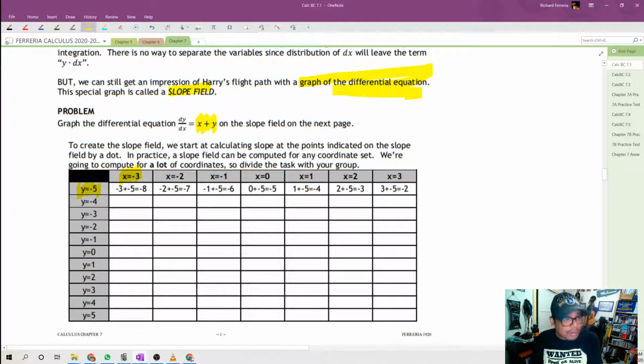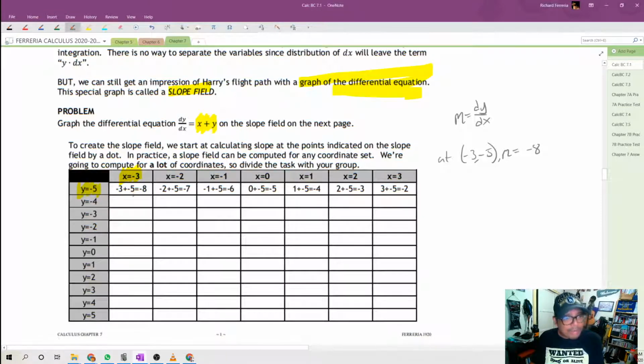And over here at -3 and -5, the slope would be -8, remembering that the slope is the same thing as dy/dx. I know this is a lot of coordinates to calculate for, but it does go fast.